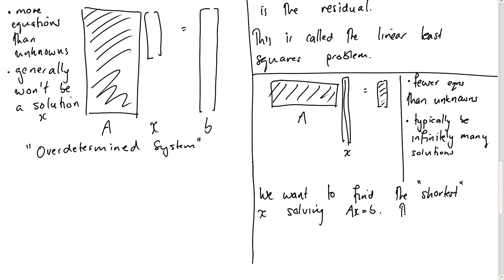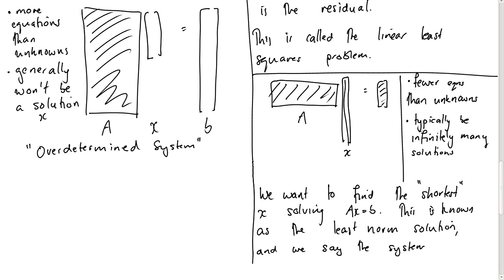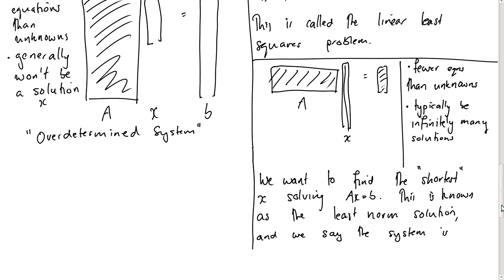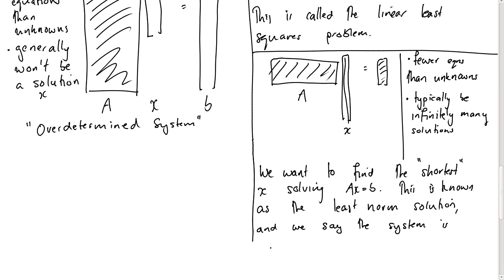This is known as the least norm solution, and we say the system is underdetermined. The one we had before was overdetermined. This one is underdetermined. There aren't enough equations to uniquely specify x.